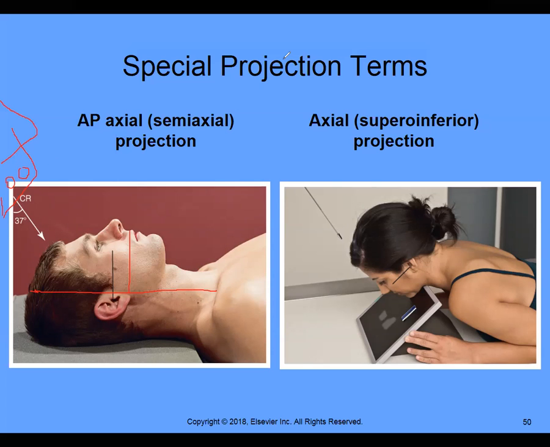And what we're saying is that on the axial, any angle of the central ray of 10 degrees or more is called an axial.